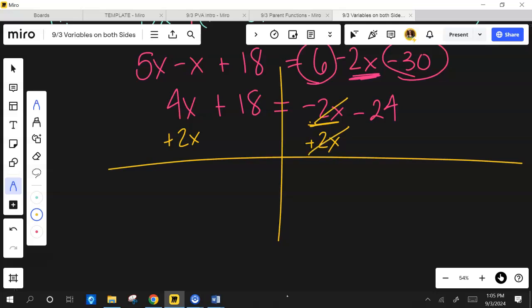Thank you. Thank you, Max. Thank you. 4x plus 2x is what? We do the opposite. So I get 6x plus 18 equals negative 24.